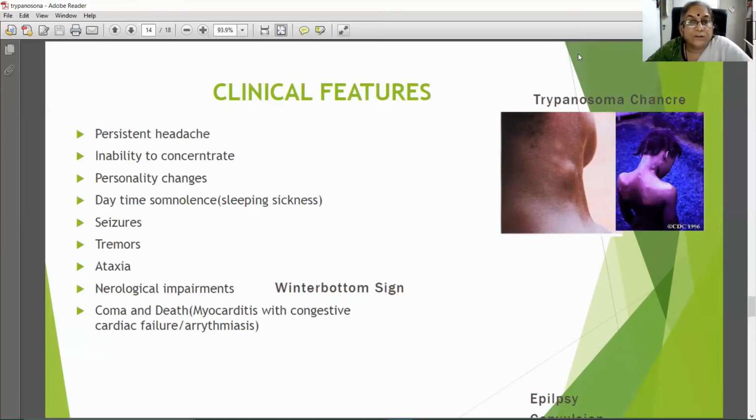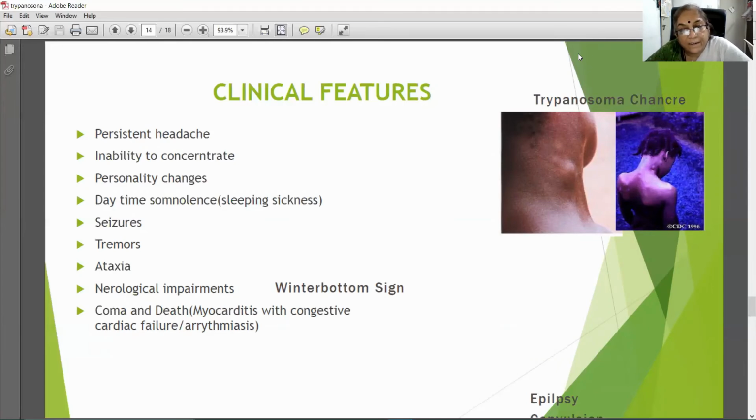That will occur due to myocarditis with congestive cardiac failure and arrhythmias. This antigen of the parasite has some relation with the myocardial tissue.